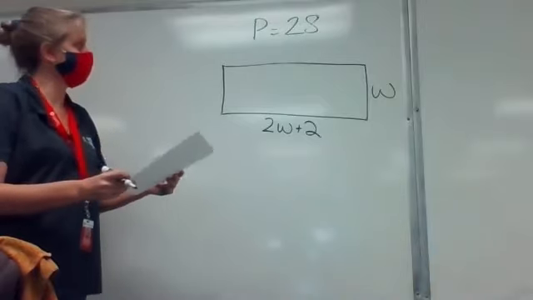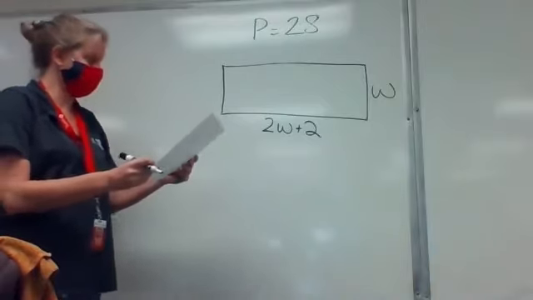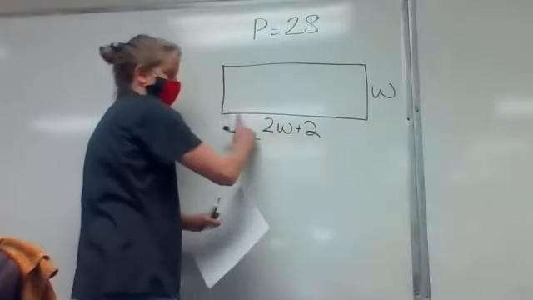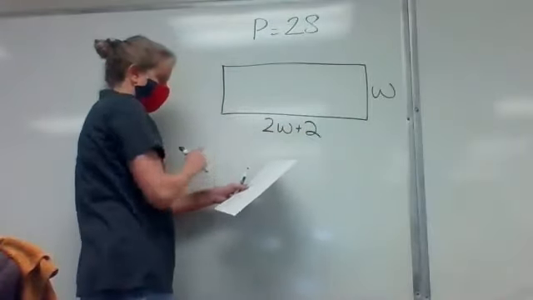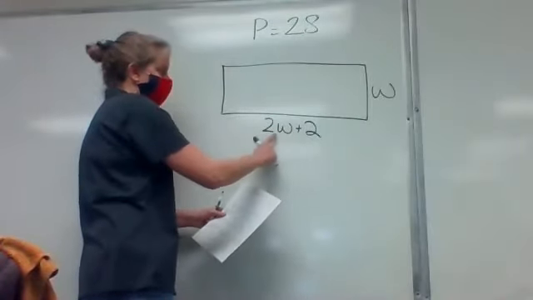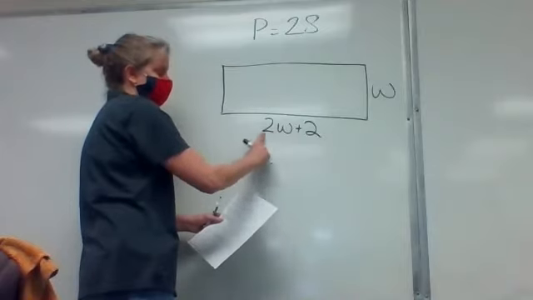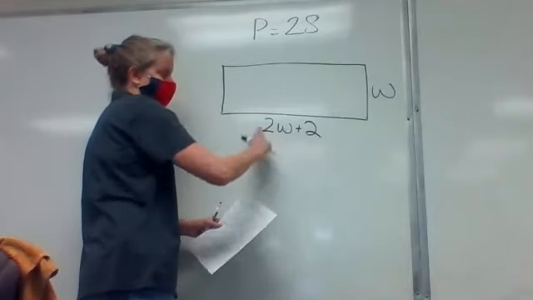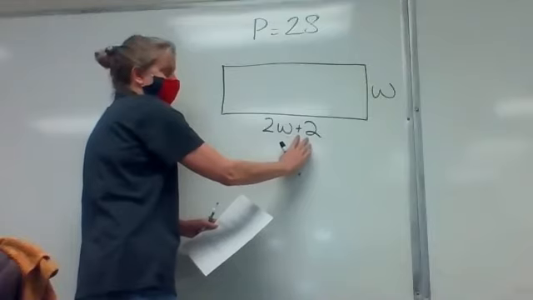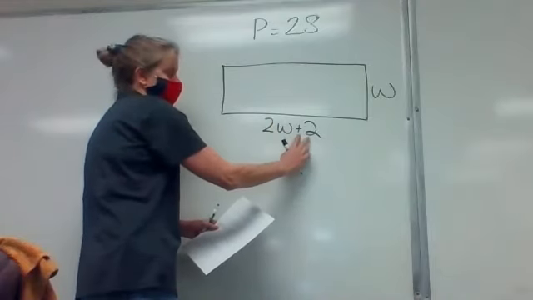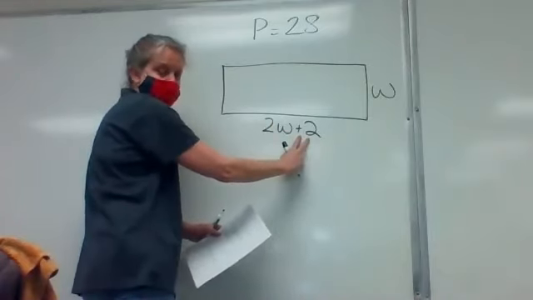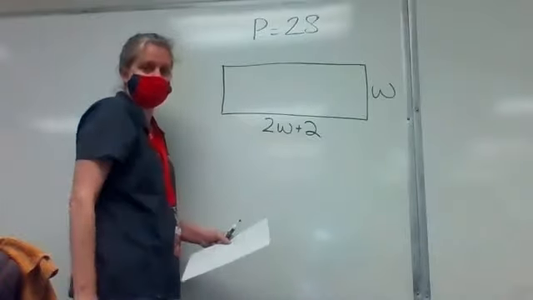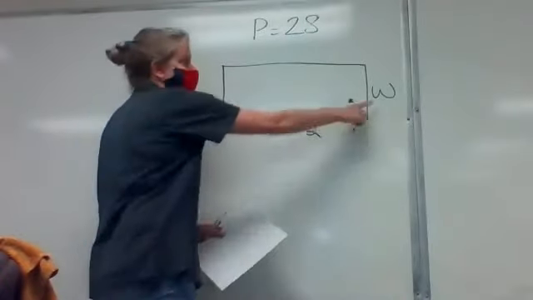So the perimeter is 28. The length, which is this distance right here, is 2 more than 2 times the width. That's why the length looks like this, because that is showing mathematically 2 more than 2 times the width. I don't know anything about the width.